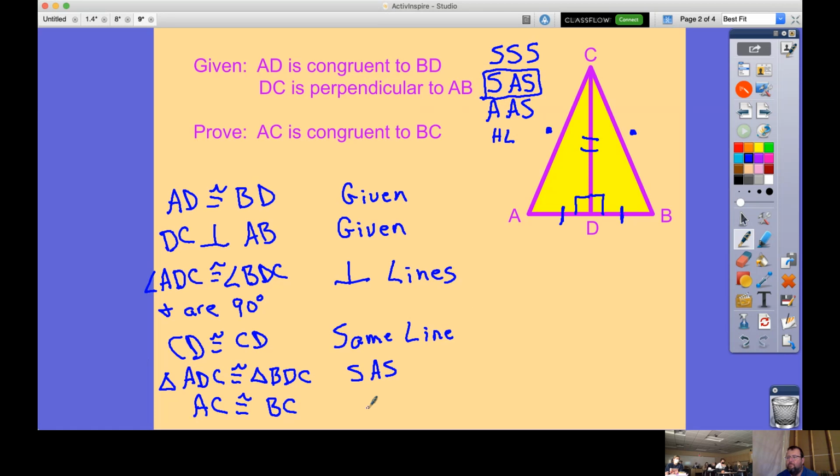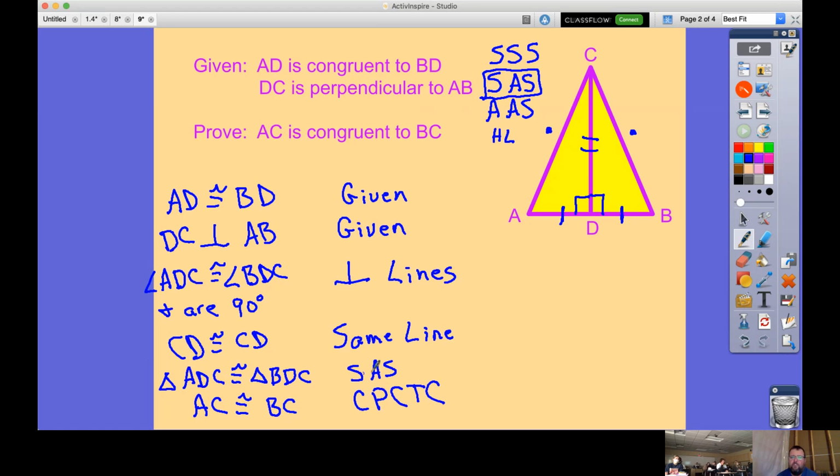Because they're congruent triangles. Yeah, the two triangles are congruent, right? Now, there's an abbreviation for that. Okay, the abbreviation is CPCTC. All right, sounds confusing, but you're going to use this a lot. What this stands for is corresponding parts of congruent triangles are congruent.